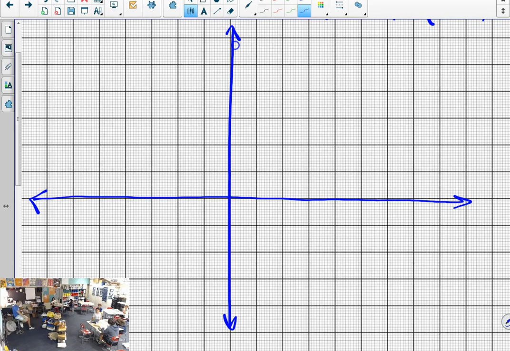Does it have an x intercept? If so, what? It does have an x intercept. Wait, no, it does not have an x intercept. Okay. Does it have a y intercept? If so, what? Yes, it has a y intercept of 1. Now I can finally put something on the page. A y intercept of 1. All right.